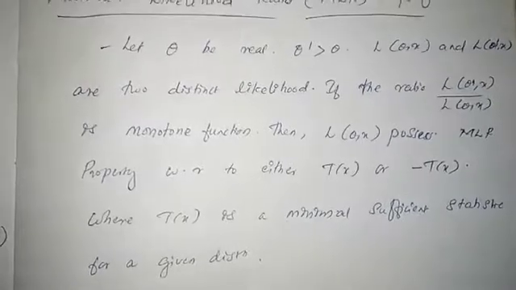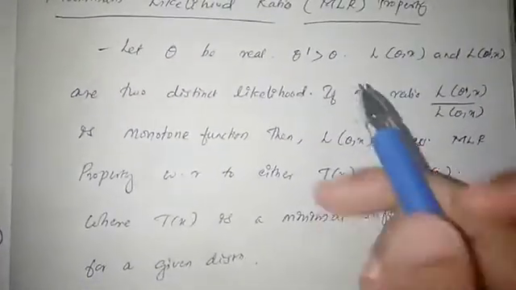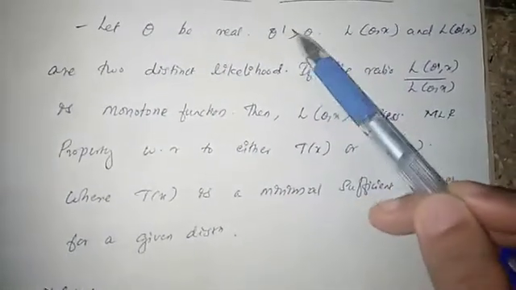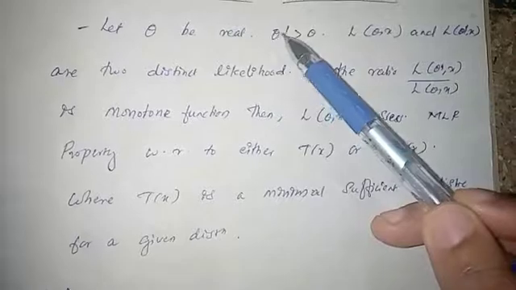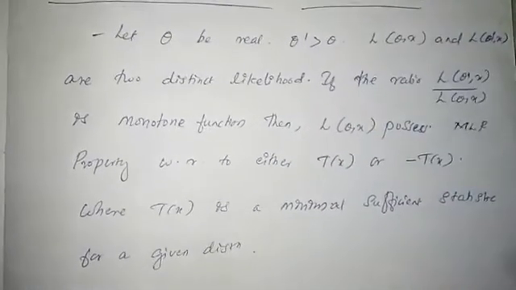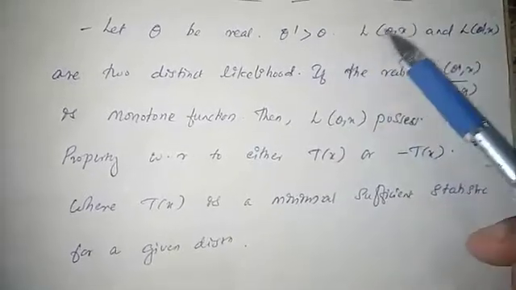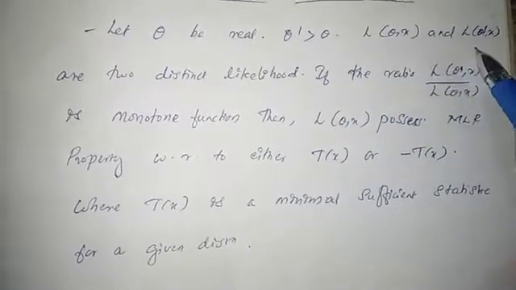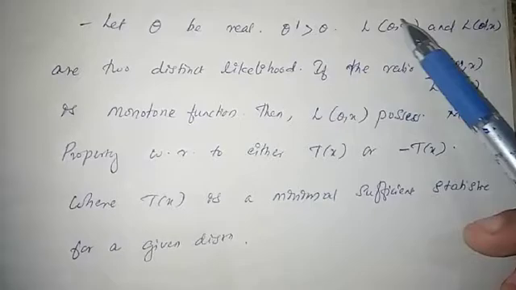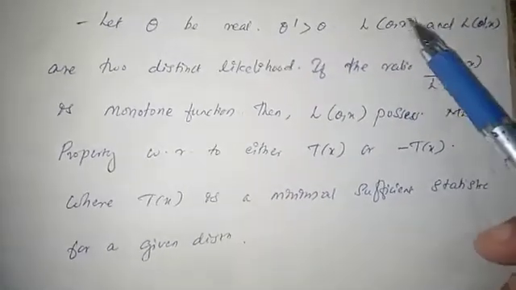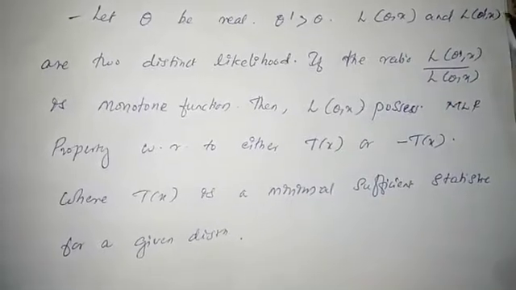This is the MLR property, where theta is a parameter, a real, and theta dash and theta belong to the parametric space, where theta dash is greater than theta, and the two distinct likelihoods, that is the likelihood under theta and the likelihood under theta dash.